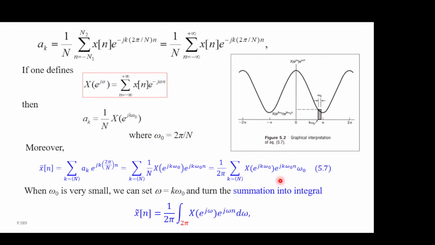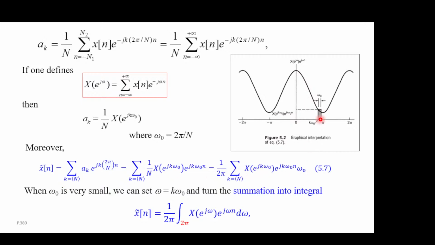So you are summing over very small terms. The terms here are once again like rectangles approximating an integral. It's like a rectangle with width omega naught, and the height is the value of this curve, that's big X times e to the jk omega naught n. Okay.